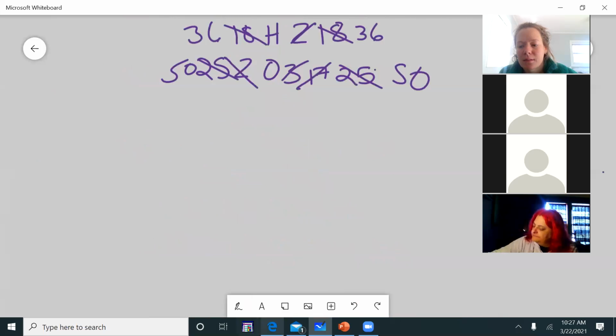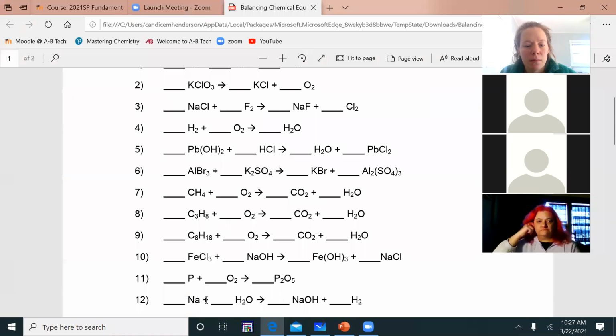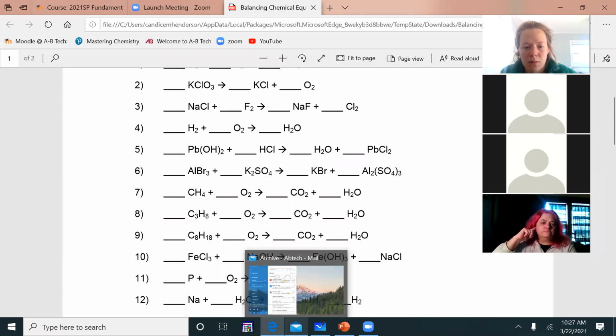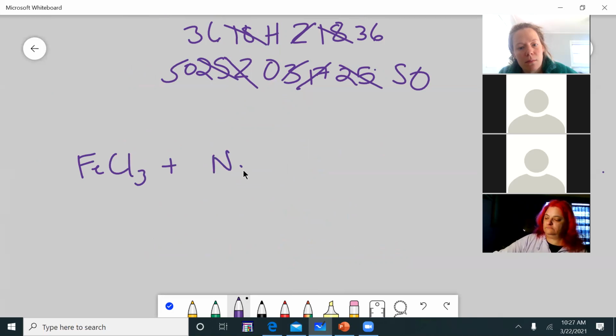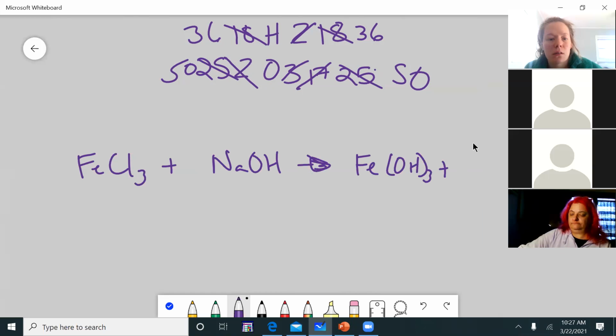The last one we had: iron 3 chloride. Okay, iron 3 chloride plus sodium hydroxide produces iron hydroxide plus sodium chloride.